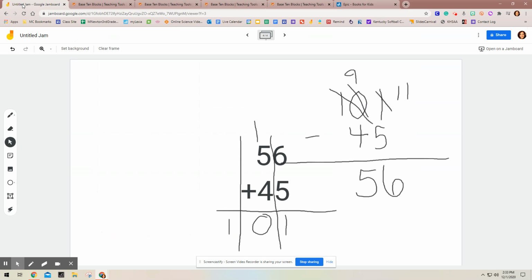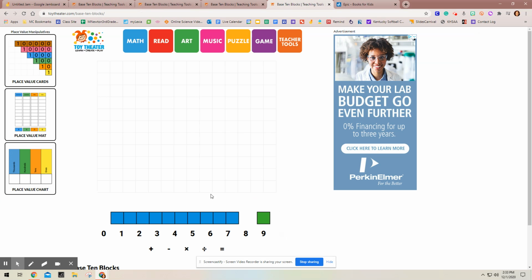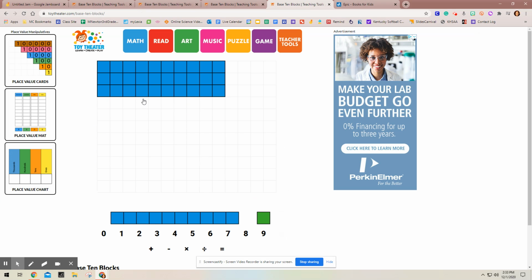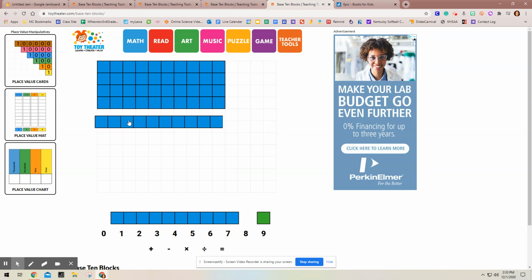So again, let's go ahead and add these together. This goes over 100, but just by 1. So we've got 1, 2, and let's start with 56. 2, 3, 4, 5. Then I need 6 ones. 1, 2, 3, 4, 5, 6.